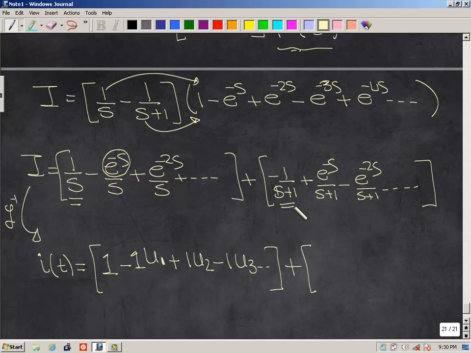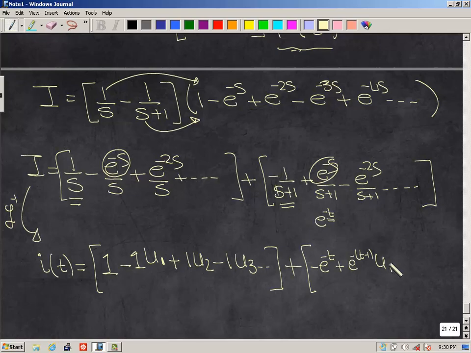this one, if you take the inverse Laplace, you get negative e to the negative t. Now we get something interesting to pop out here. Anytime you have e, you get a step function. So you get u. But the inverse Laplace of 1 over s plus 1 is e to the negative t. But because you have this e, you're going to shift this also by negative 1 because a is 1. So you get e to the negative (t minus 1) u1.